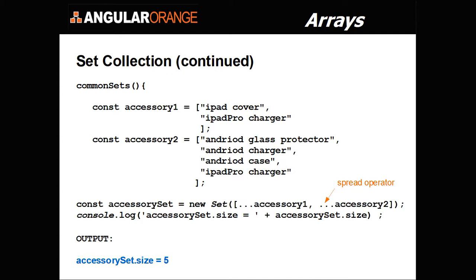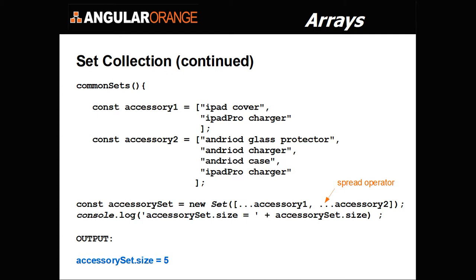Okay, now here's a good example of using the spread operator. You could have 2 sets, and you can create a new set using the spread operator by spreading those 2 sets into an argument list. So dot dot dot accessory 1 just means create a new set with all those values, iPad cover, iPad charger.